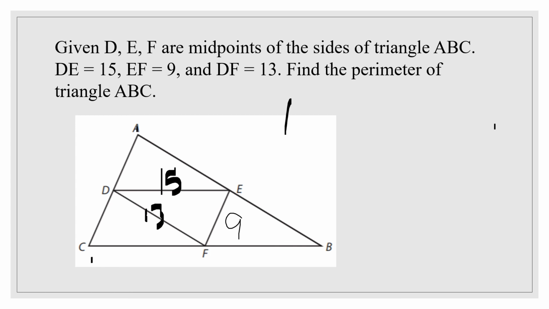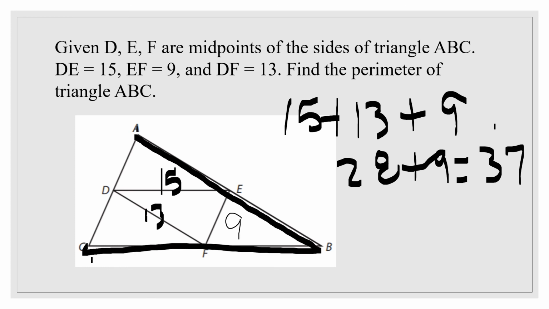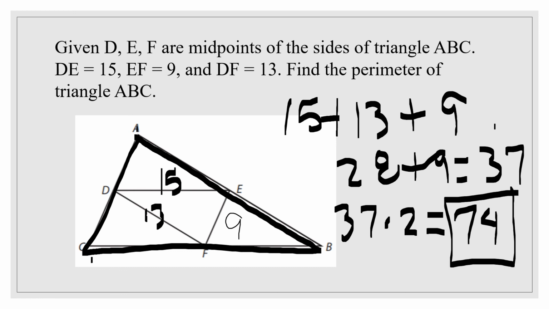Well, if I take those three numbers and add them together, I'll end up with 28 plus 9, which is 37. And if I wanted to find the perimeter of the bigger triangle, which is similar to that one, I would just take 37 and multiply by 2, and I'll still get 74. So either way, you will find the perimeter of that triangle.